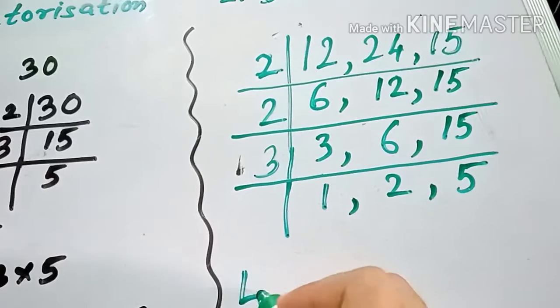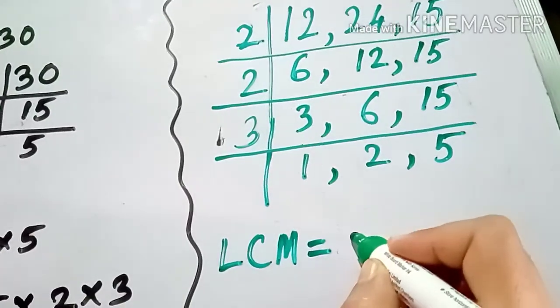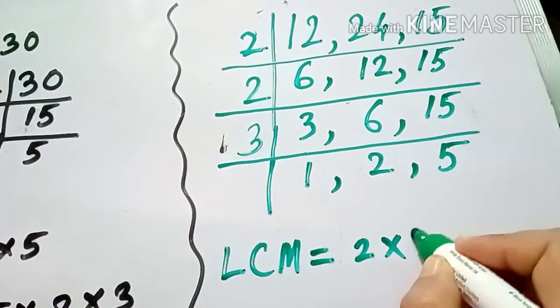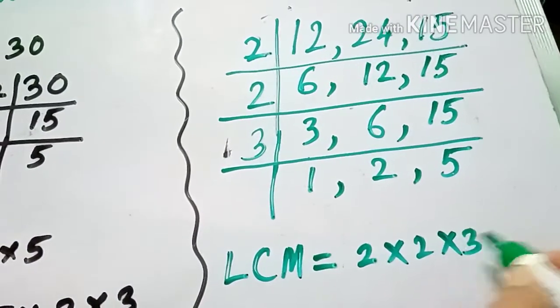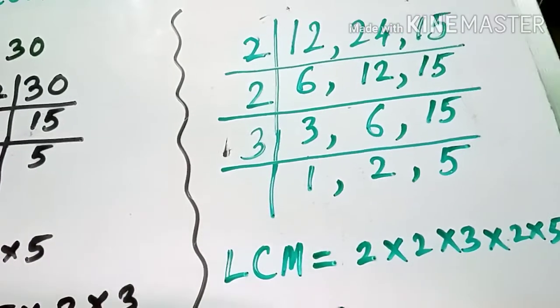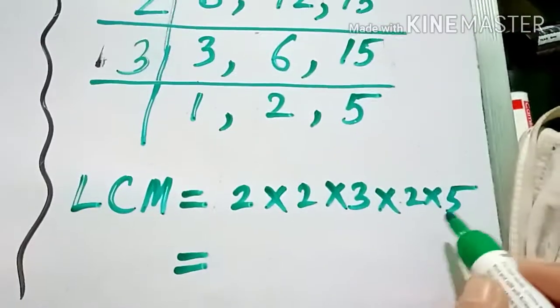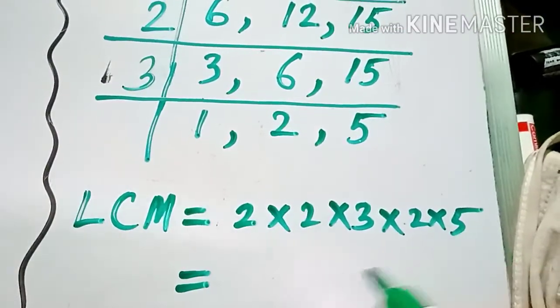Now the LCM of these 3 numbers will be the product of these numbers. Now you look for the multiples of 10, where you can get 2 5s are 10 here, right?